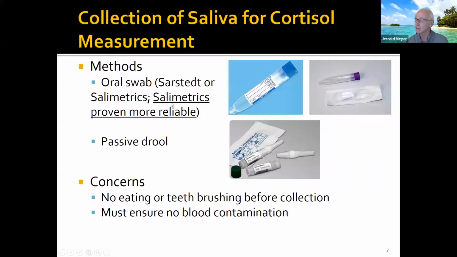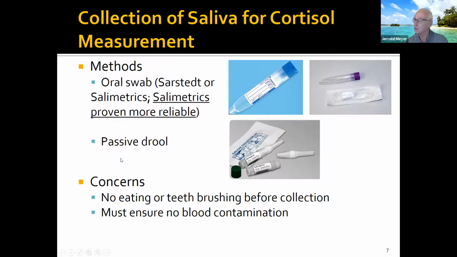And literally a few days ago, I went to the Salimetrics website to see what was the latest that they had to say about that. And they actually presented data showing that their swab was more accurate than Sarstedt, that using the Salivet can actually affect the assay and you get variable results.